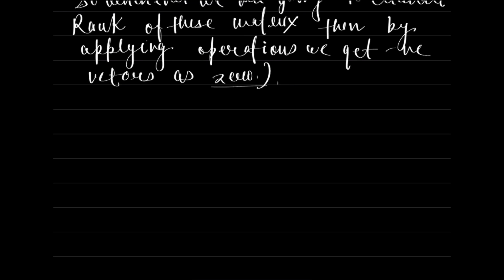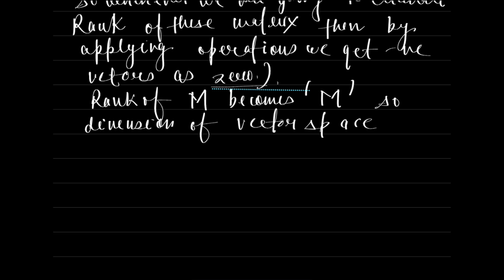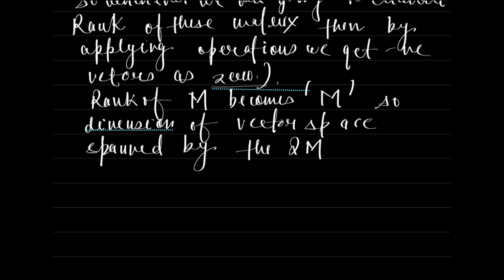By operation, we can say the rank of M becomes M. So the dimension of the vector space spanned by the 2M vectors is M only.